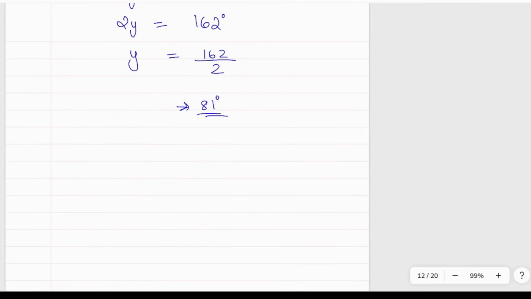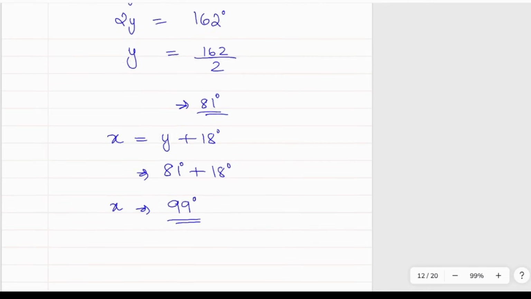Then what will be the value for x? As we have already written there, the value for x equal to y plus 18 degrees, right? Therefore 81 plus 18 degrees, which is equal to 99 degrees.